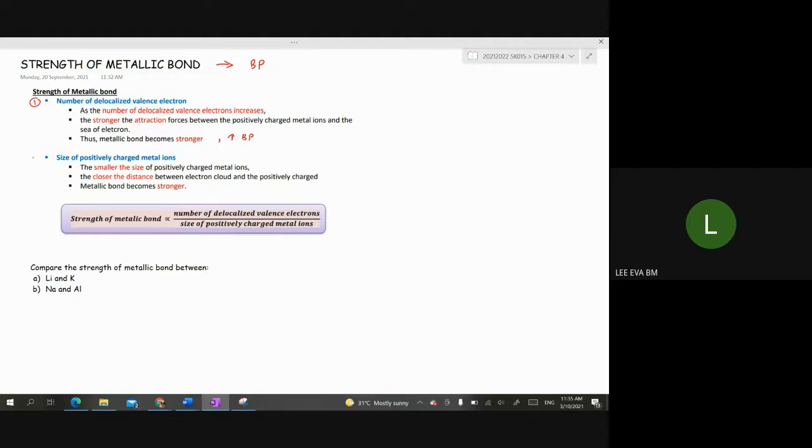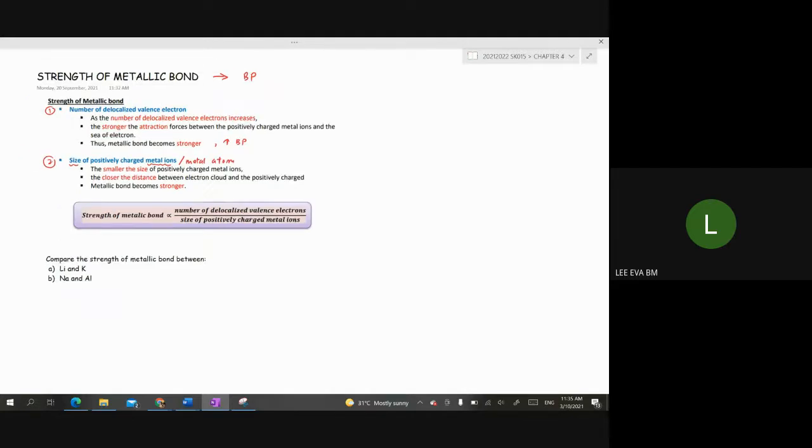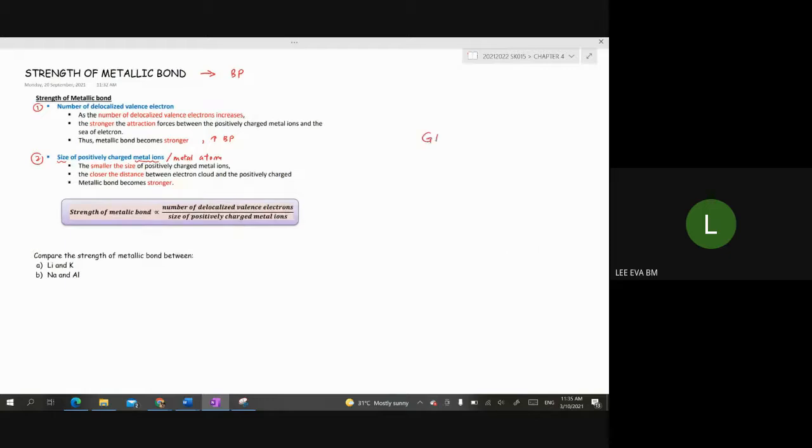The second factor is the size of the positively charged metal ion. Again, when I say metal ion, it refers to the metal atom. They are both the same. Why do I say they are the same? If we take group 1 as an example, we have lithium, sodium, and potassium. Here I gave it as the atom, but when we look at the ion, it is also the same thing.